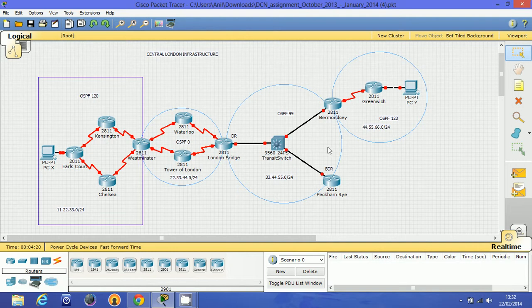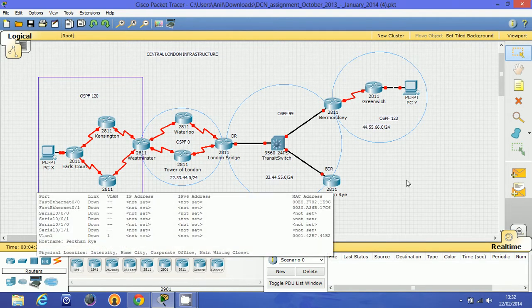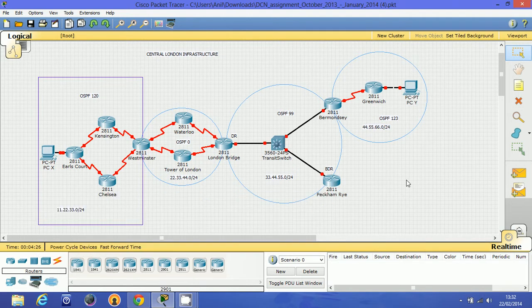What we need to understand first is that each and every router has its own database, its own topology depicting the shortest path from source to destination.